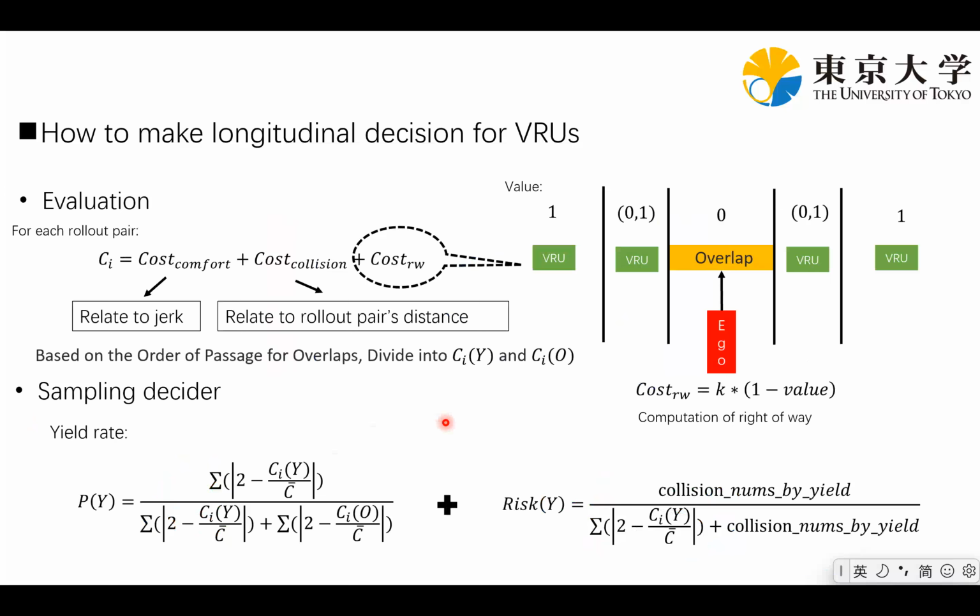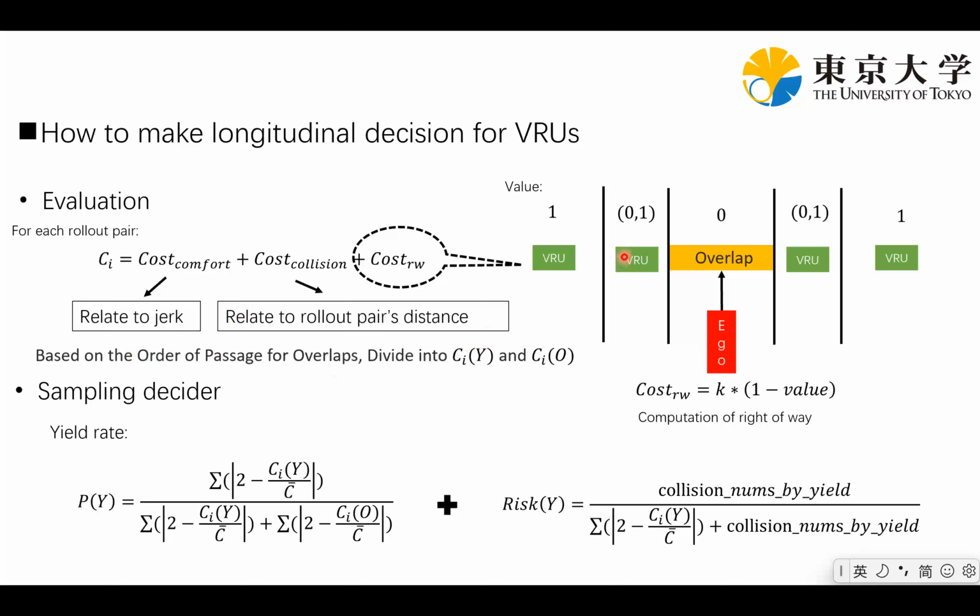After obtaining the trajectory pairs, we calculate the cost for each pair, which consists of comfort cost, collision cost, and road right. Comfort cost is related to jerk, while collision cost depends on the distance between trajectory pairs.